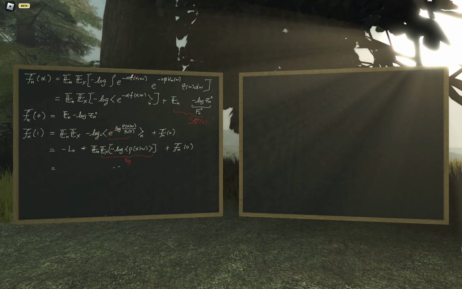So we have our equation. Therefore, the data average of the Bayesian generalization error is equal to L_0 plus, did I get this right, minus... Oh yeah, F_n(1) minus F_n(0).